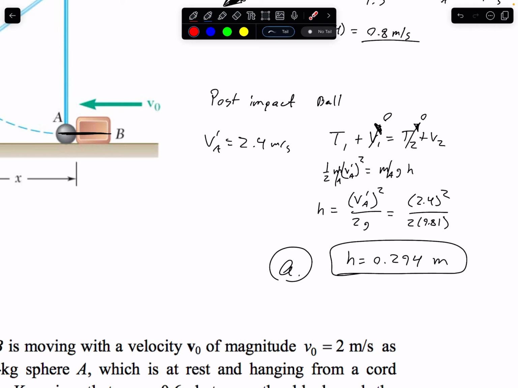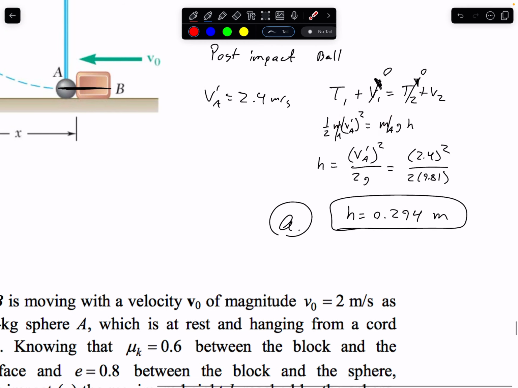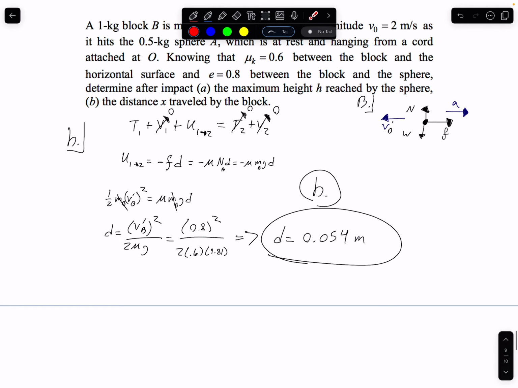We know that all the kinetic energy of A is turned into potential energy of A. And so 1 half m VA prime squared is equal to m times gravity times h, so masses cancel. And we know everything besides h, so we do some algebra, plug in for VA prime and gravity, and we get that h is equal to 0.294 meters.